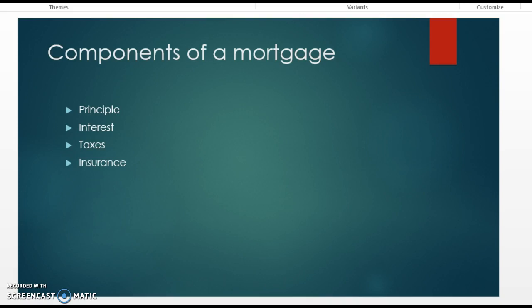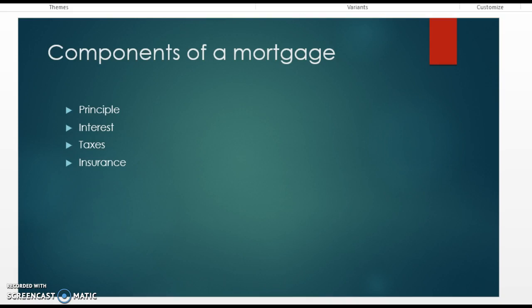So if you have a $2,400 a year tax bill for the property, they are going to just basically add $200 a month to your mortgage payment, and then at the end of the year, the $2,400 they've collected for you for the tax portion, they will go ahead and send in to the county and pay your property taxes each year.